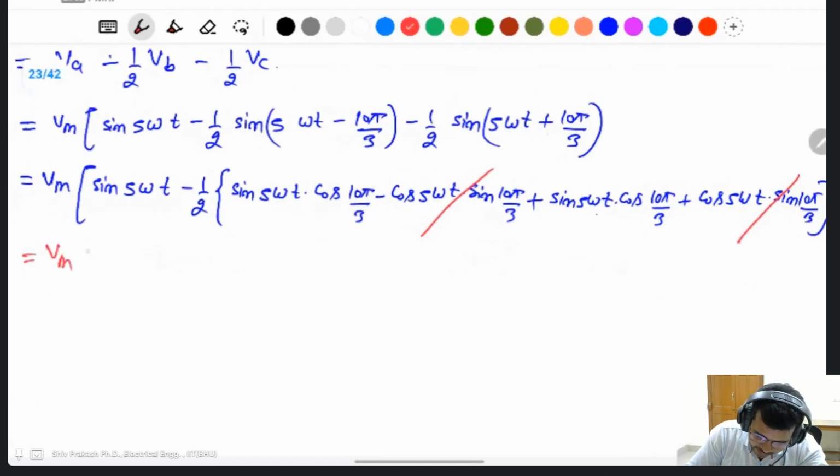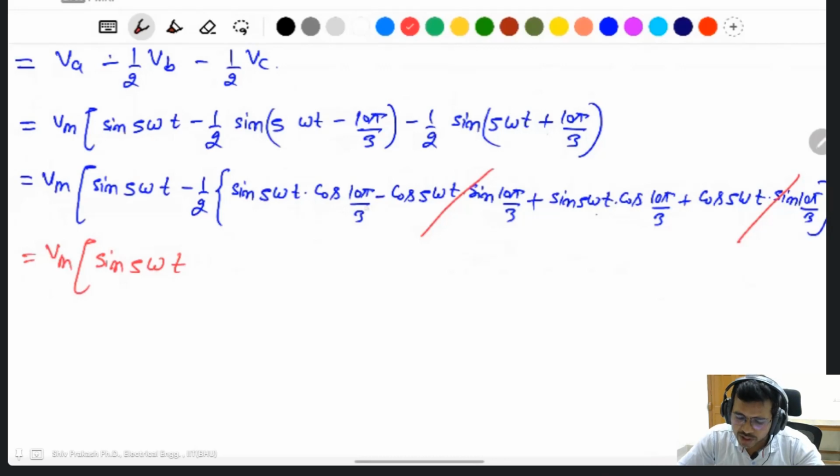Remaining Vm, this will be sin 5 omega t, cos 10 pi by 3. It means cos 600 is minus 0.5, minus 0.5, it means minus of half, into this will be minus half sin 5 omega t.